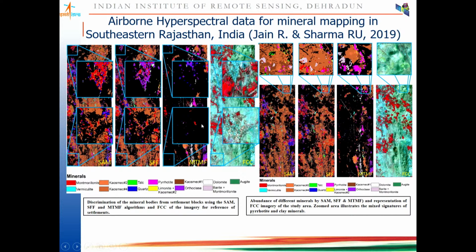Whereas when we performed this analysis using MTMF, mixed tuned matched filtering, it was very well classifying the minerals or the geological classes. It is very much discriminating between the geology and land use land cover, and the results were quite good, somewhere more than 85 to 90%.